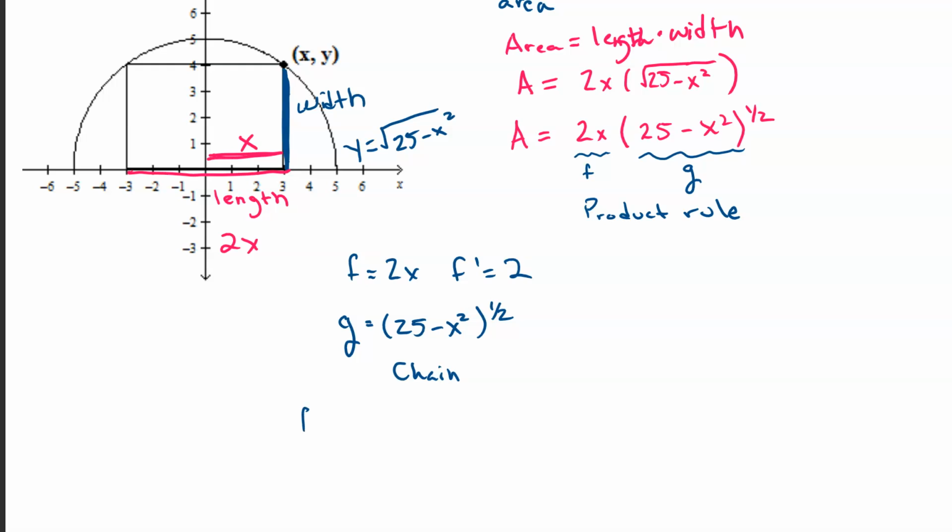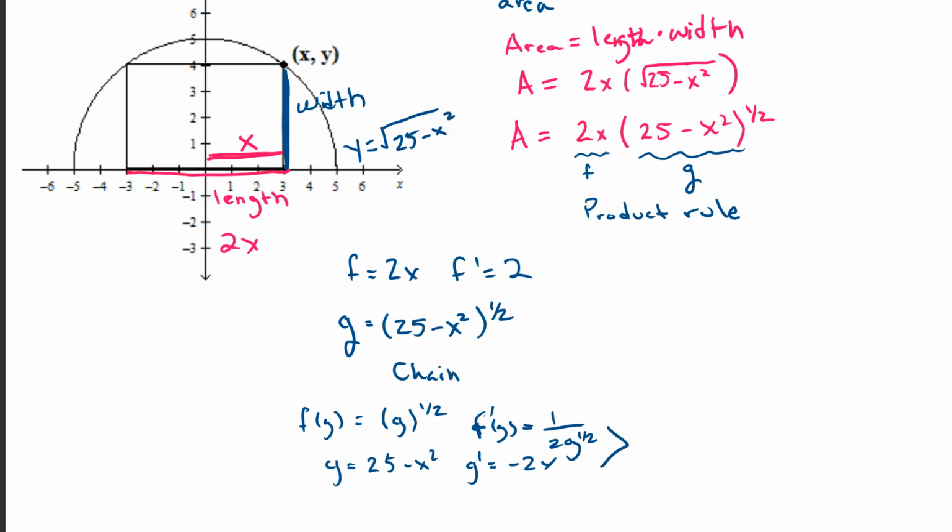Chain said that if we've got some outside function, in this case to the 1/2, and some inside function, 25 minus x squared, when we do the derivative of the inside, we're going to get negative 2x. When we do the derivative of the outside, with the inside staying the same, we'll get 1 over 2 g to the 1/2. So we have to multiply these two results.